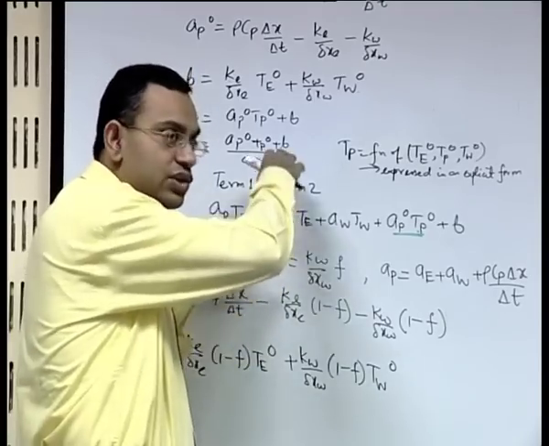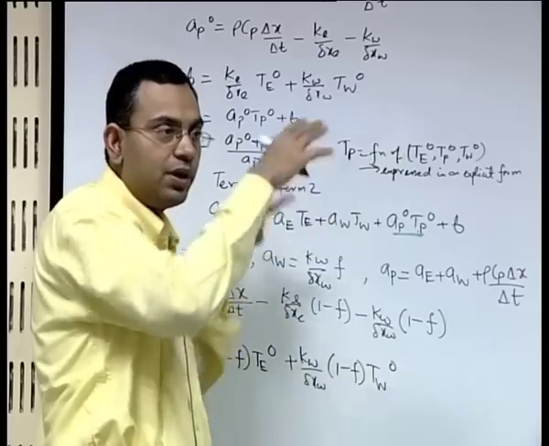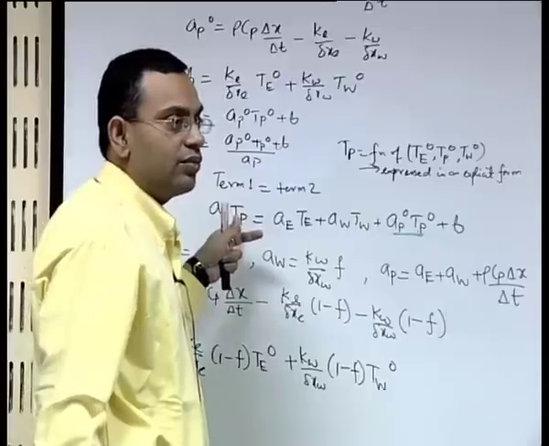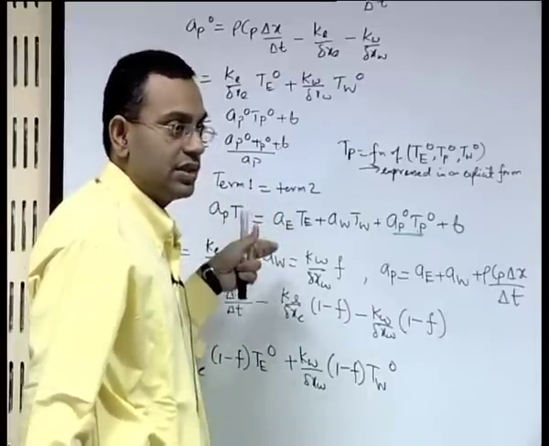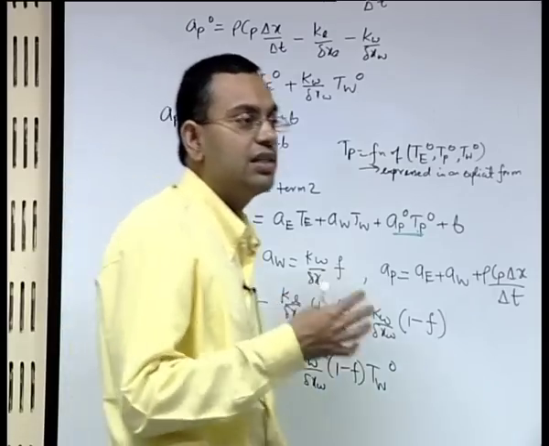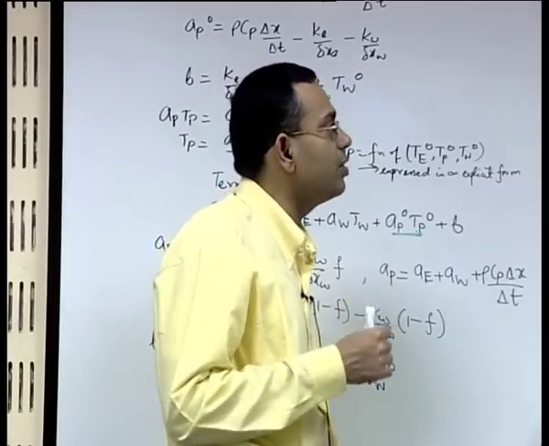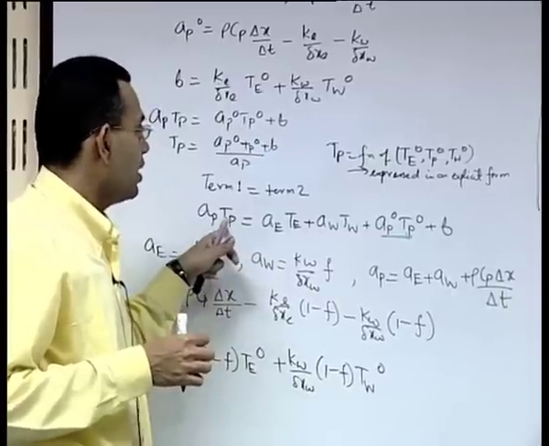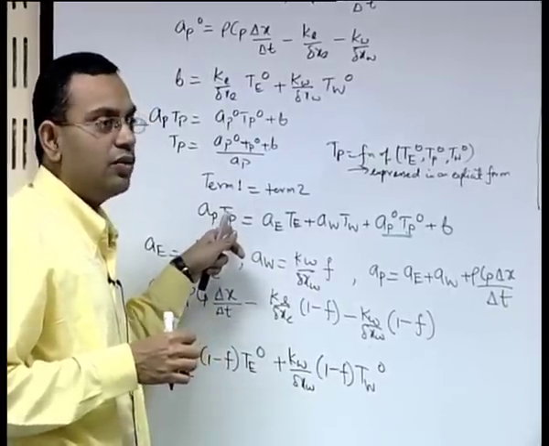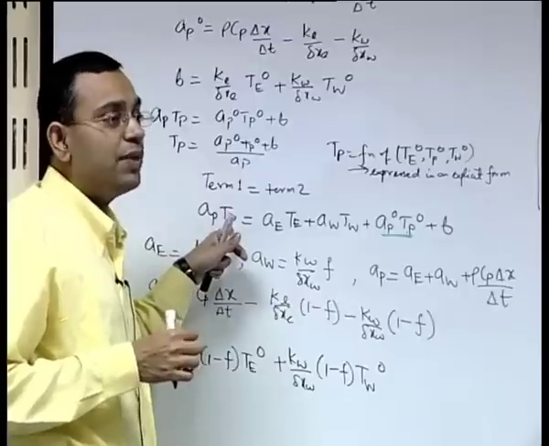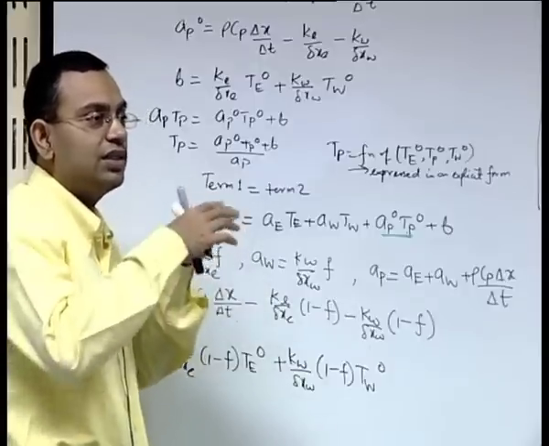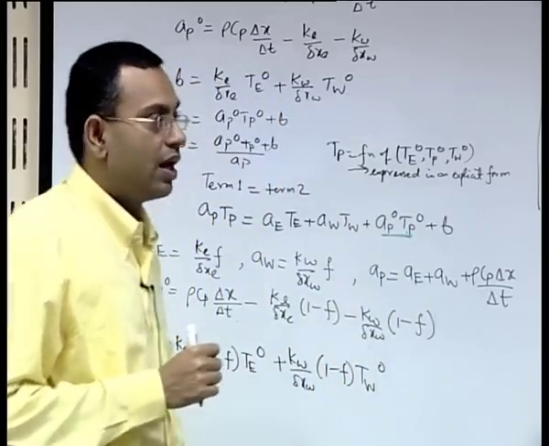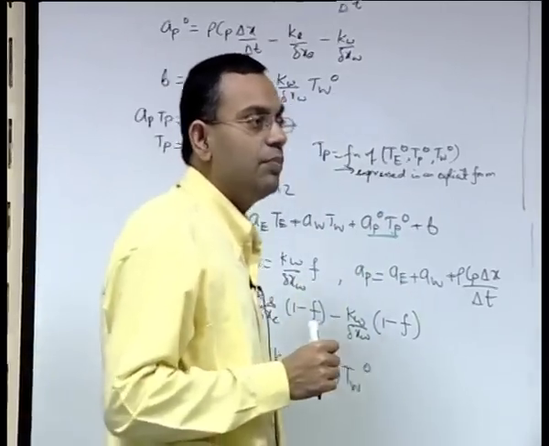You have to simultaneously solve for all the grid points the coupled equations to get TP now from the system of equations, and you have to start of course with an initial condition, the value at time equal to 0. So, in this particular form TP now is expressed as an implicit function, not as an explicit function of the temperature at the previous time step, and that is why it is called an implicit scheme.